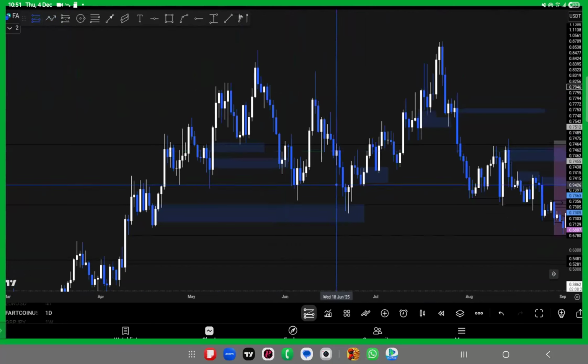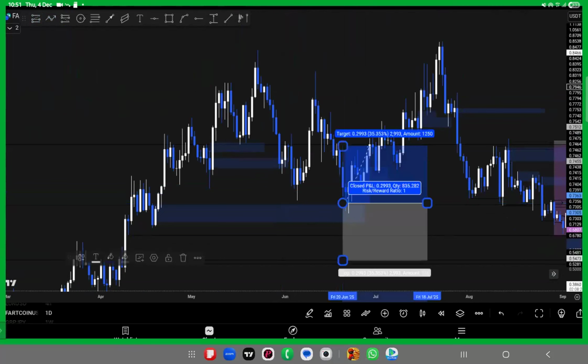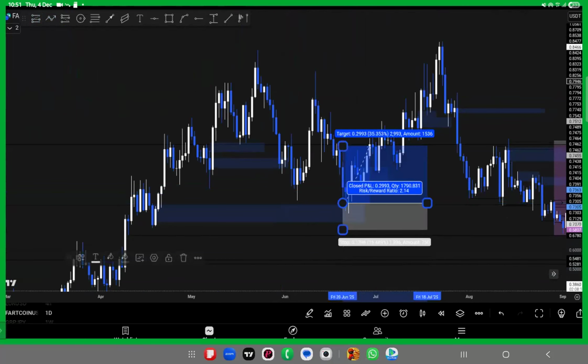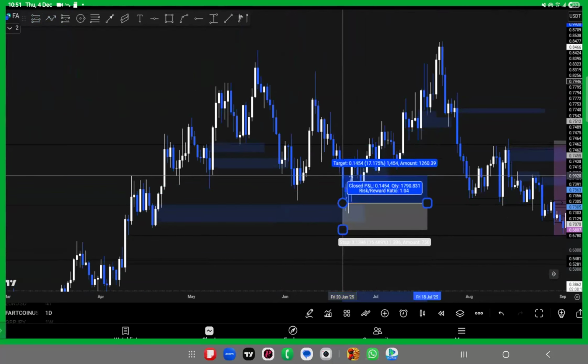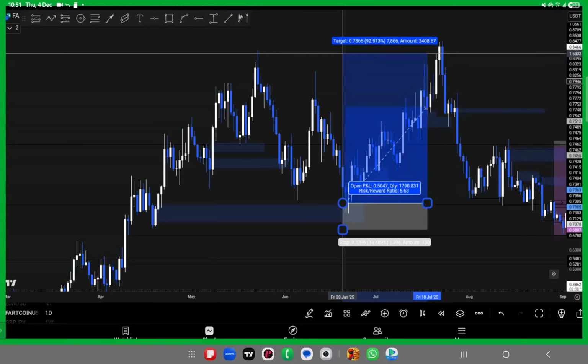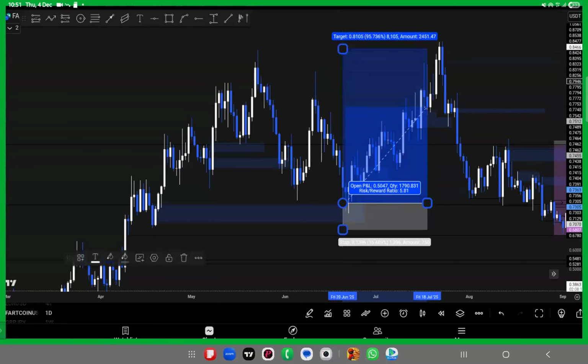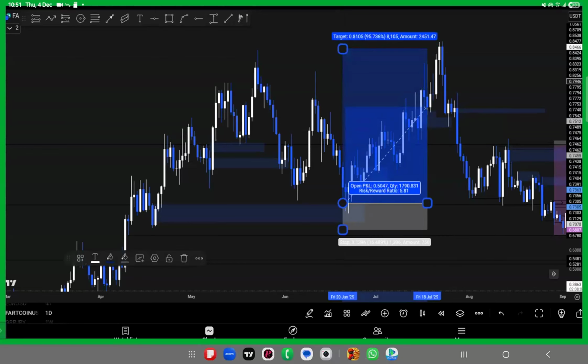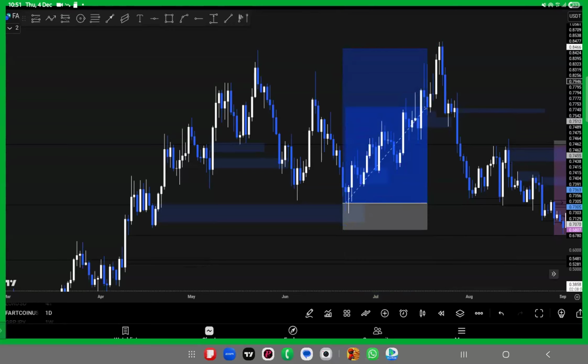This is how: identify your order block, place your entry on it, with your stop loss staying below that swing low. And your TP, you'll get to understand where you should place it after. But this is what you should be expecting from an order block.